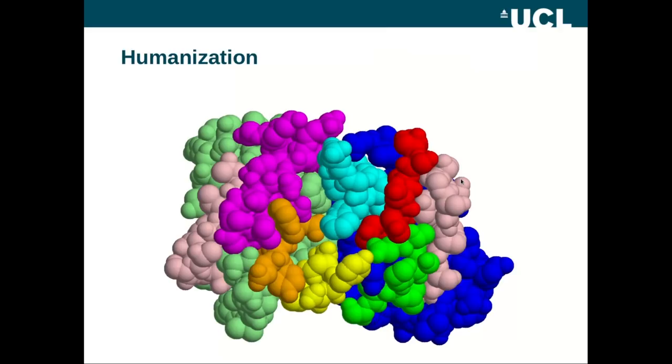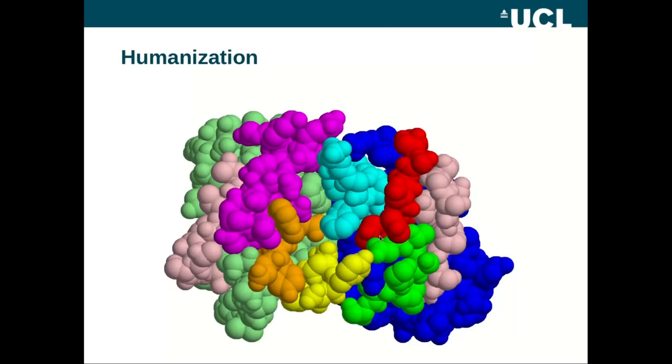However, it was realized that actually it is just those CDR loops that form the binding site. And this is that antigen's eye view of the binding site again. This time the binding site is shown here. It's the purple, orange, yellow, green, red and cyan loops that are forming the binding site.